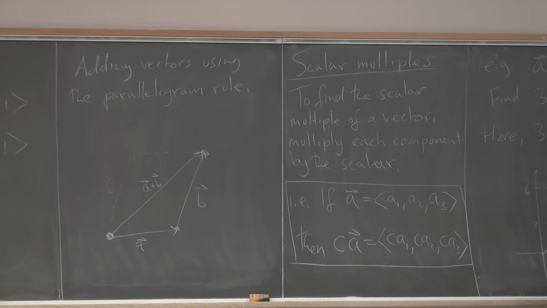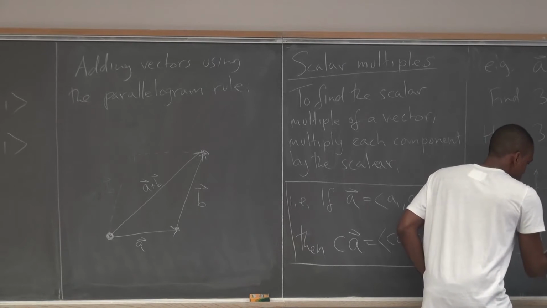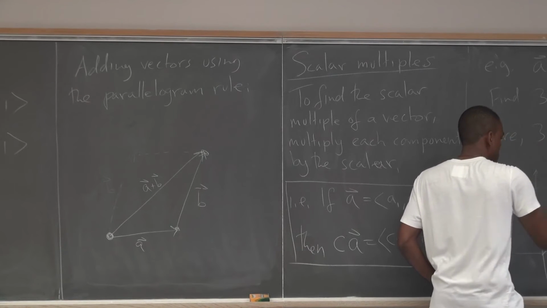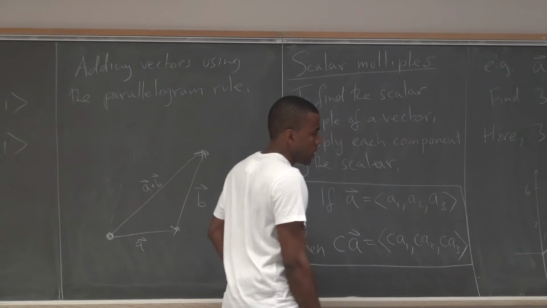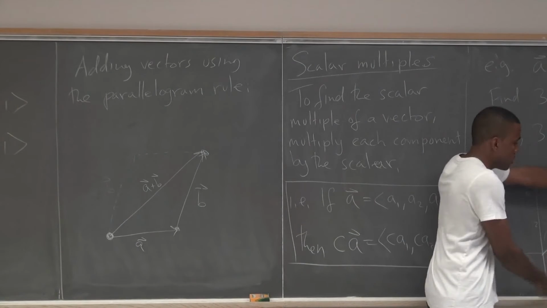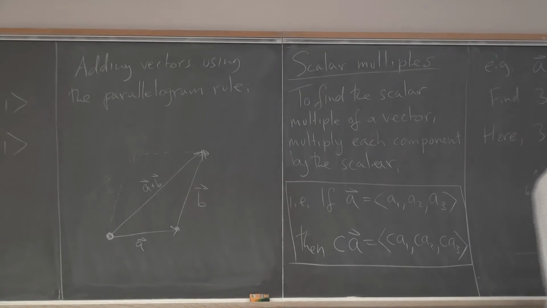So this guy here is A, and this huge guy here is 3A. It will have the same direction, but it will be 3 times the magnitude. Algebraically, if you don't care about the picture, you simply multiply the components by the scalar.